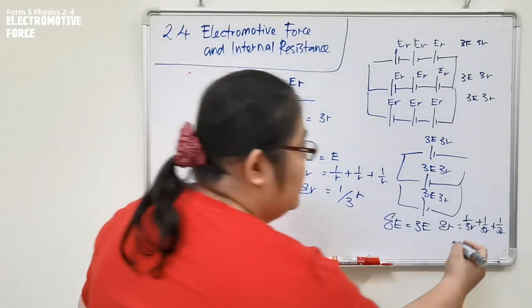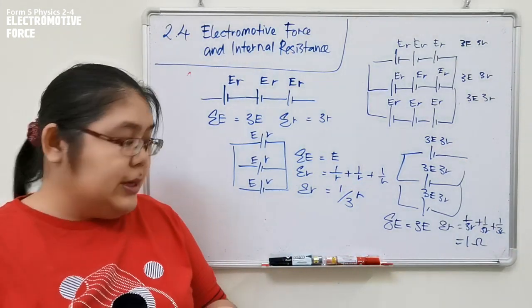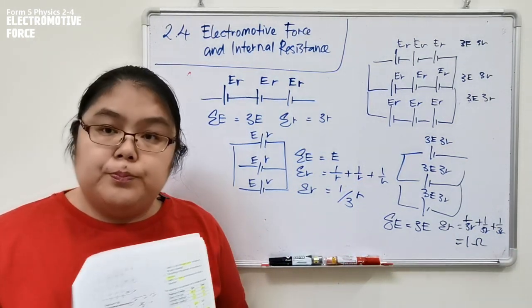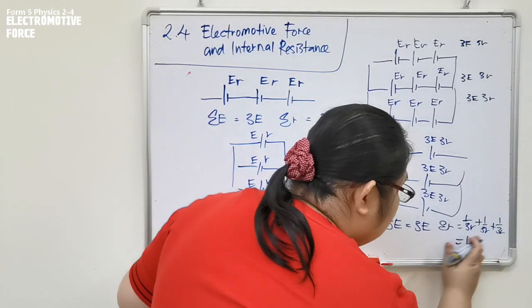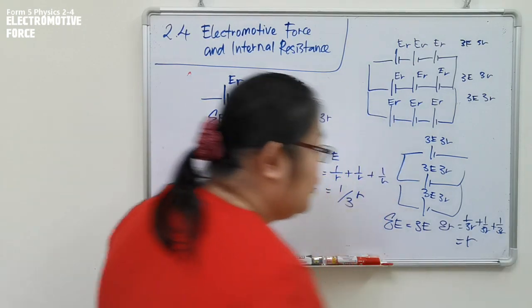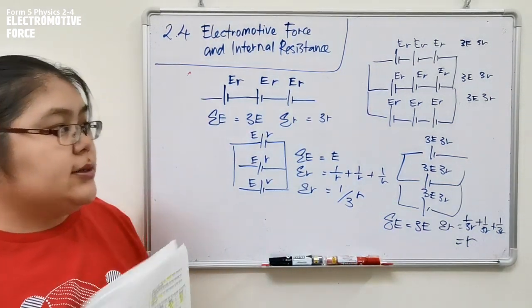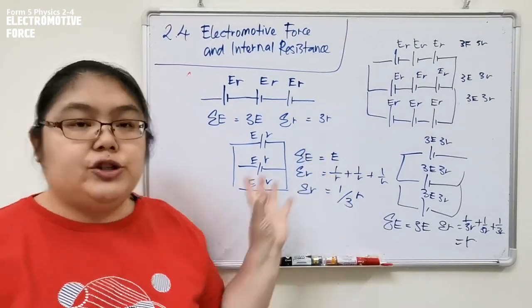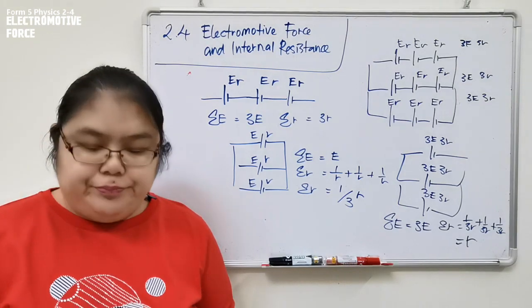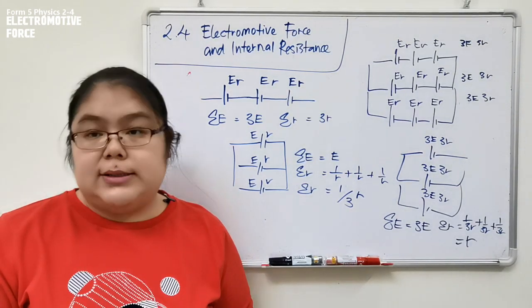So the answer is R. So understand, not 1 ohm, it's R. Total R becomes R. Okay, this is just to show if the battery cells are joined like this, how we do the calculation. Then we go through to the internal resistance.